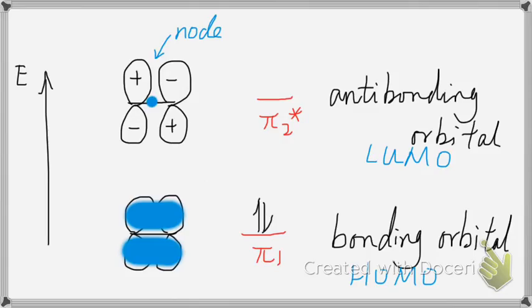So HOMO means it's the orbital with electrons, but it has the highest energy. Compared to other orbitals that are occupied by sigma electrons, this is the highest energy orbital with electrons, the highest occupied molecular orbital. While the LUMO is unoccupied, the lowest energy unoccupied molecular orbital.